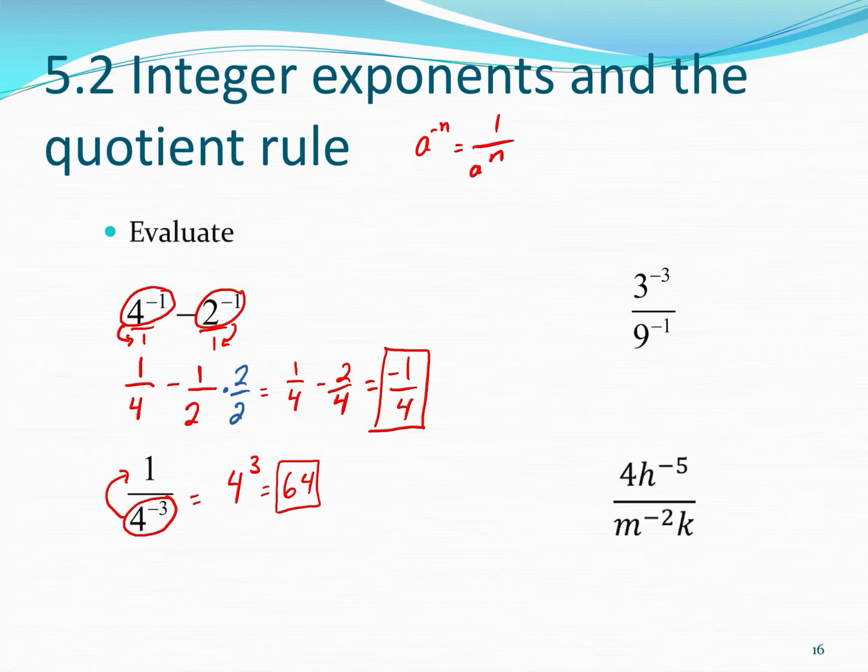And it's technically over 1, but again, that 1 is understood, and so there's no need for it. And so we have 4 to the third, which is 64. And that's all you do. Again, the key here is moving your negative exponent from the top to the bottom, or from the bottom to the top, just moving it to the opposite place.